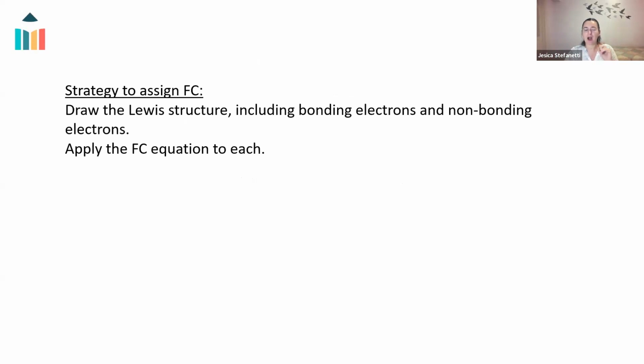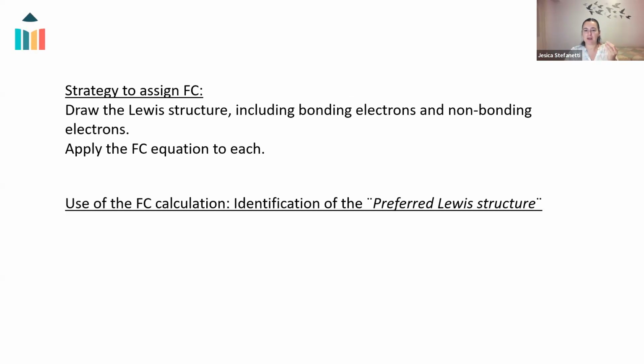Now, to assign formal charges, we just draw the Lewis structure and apply the formula we saw before. And what is the whole purpose? We can use the formal charges to identify what we call the preferred structure. This is something you might see in exams, either in multiple choice questions or paper style questions. You might be asked to calculate formal charges and suggest the preferred structure. So what are you going to do?